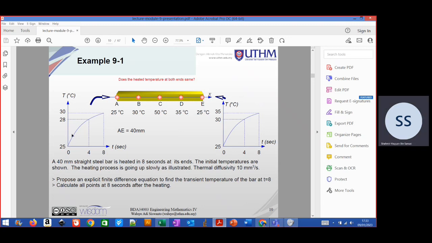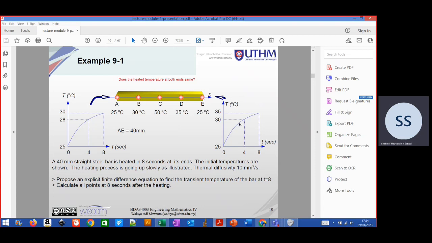So this shows that it was heated for 8 seconds with delta T. If you look here, delta T, the difference between one time to another time, is 4, where 4 minus 0 is 4, and 8 minus 4 is also 4. So delta T is 4. On point E, at time equal to 0, the temperature is 25.